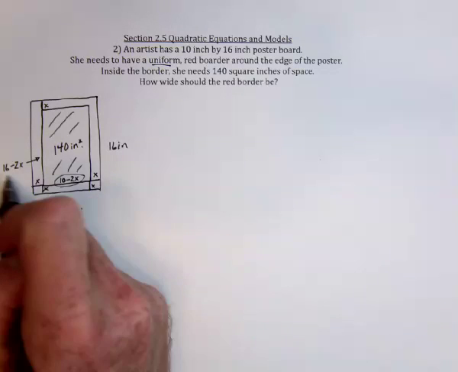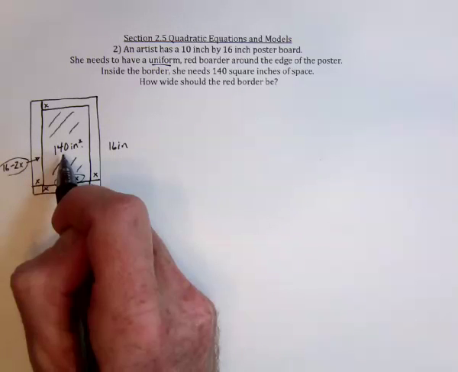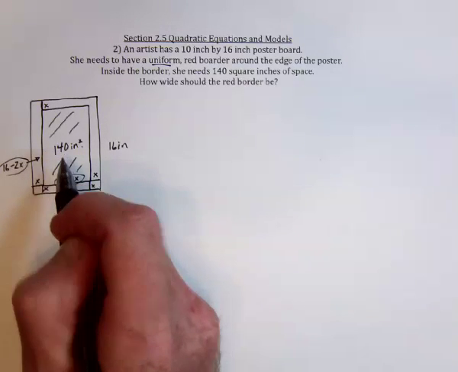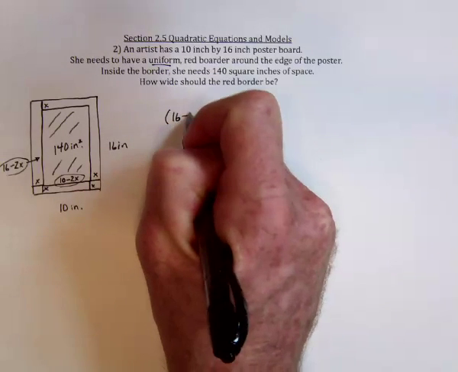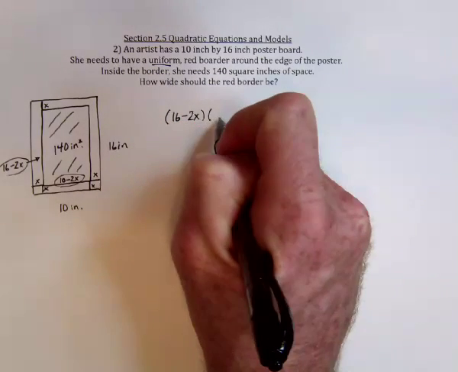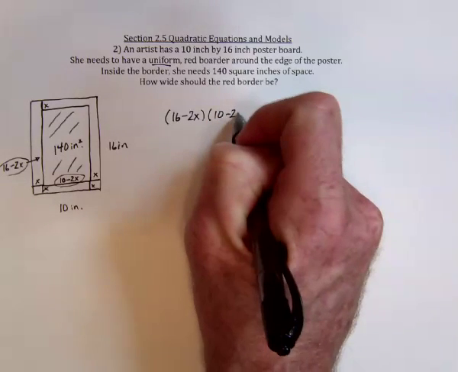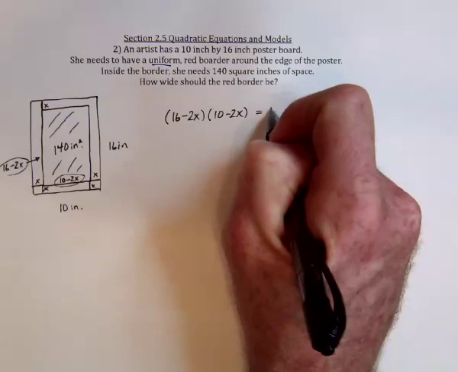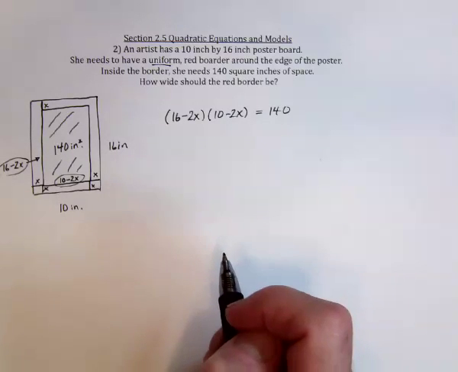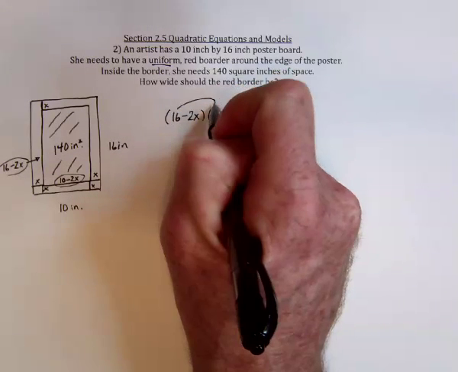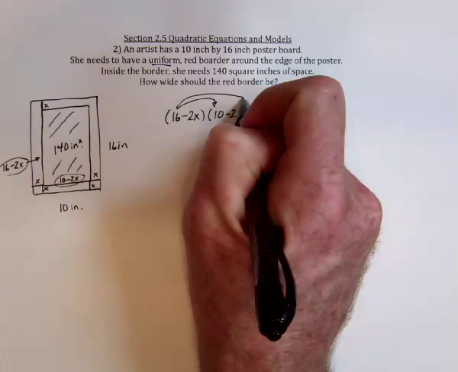So if we multiply these two sides, that will be the area of 140 square inches. So multiplying a 16 minus 2x with a 10 minus 2x will result in 140 square inches. And now use the distributive property, or FOIL.